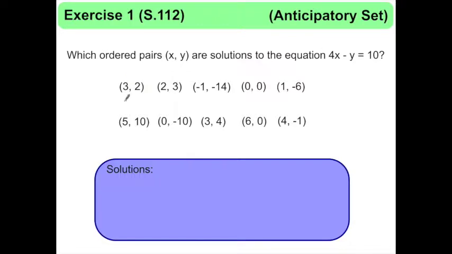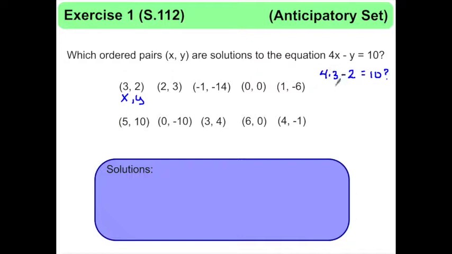So what the student needs to identify is that this is an x and that's a y. Then they would come to this equation and say, well, 4 times 3 minus 2. The question is, does that equal 10?